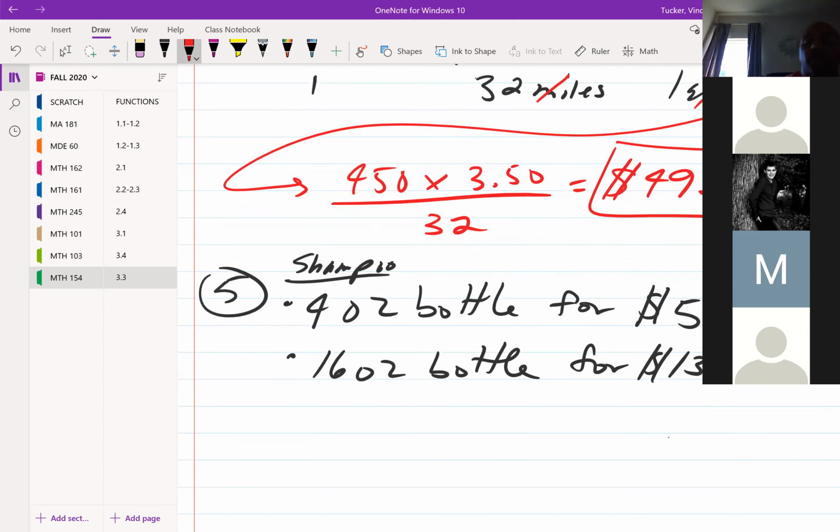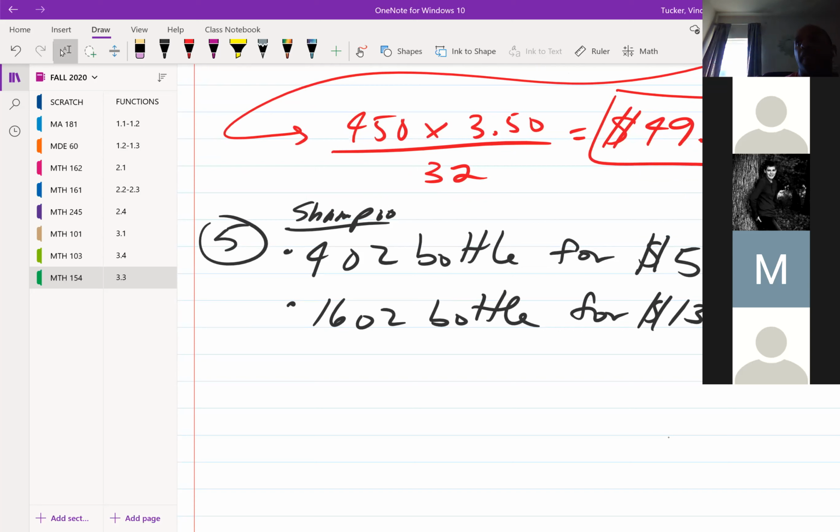So the best way to do our comparison, remember, we can do either ounces over dollars or dollars over ounces. We just have to stay consistent. But also we have to consider how we actually converse and what makes sense to us. When you're doing your comparison, are you looking at cost per ounce or ounce per cost?